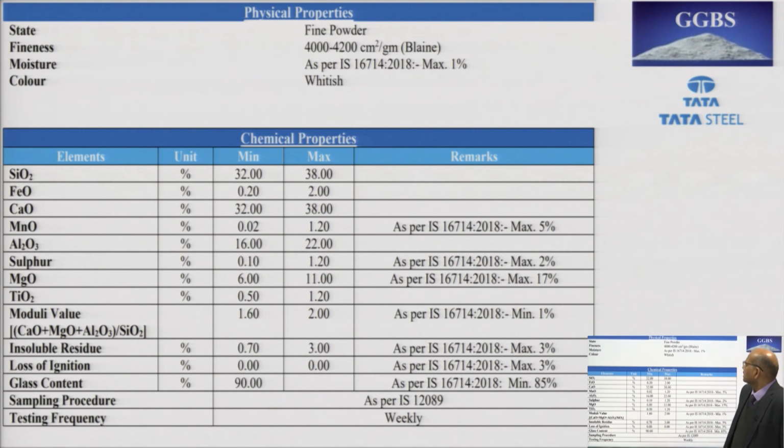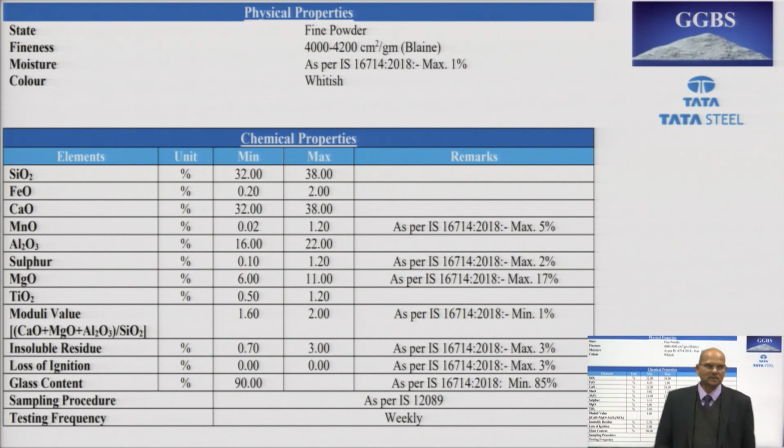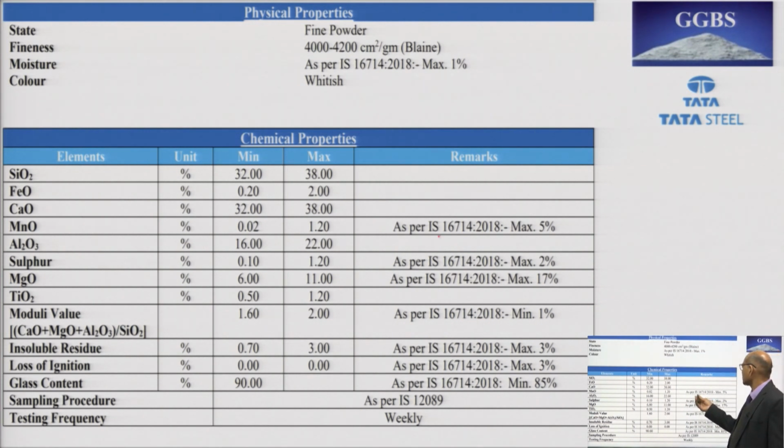If you see the physical properties, this one I have taken from Tata. These people are also supplying GGBS, and they do the regular routine check as per IS 16714:2018. This is the latest code for GGBFS, normal GGBS, whose fineness is around 4000.